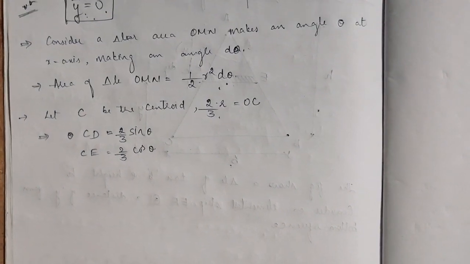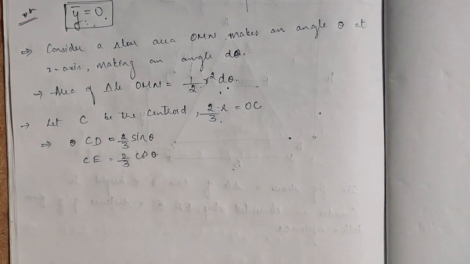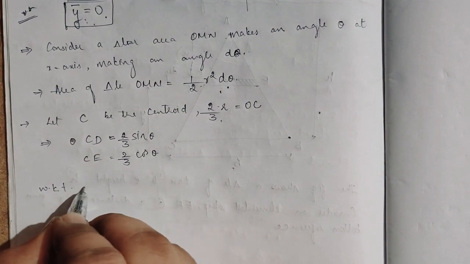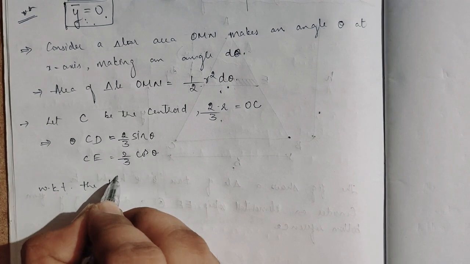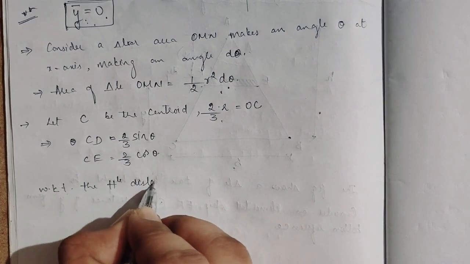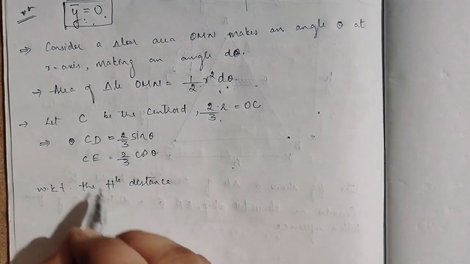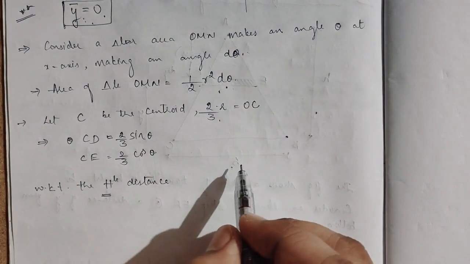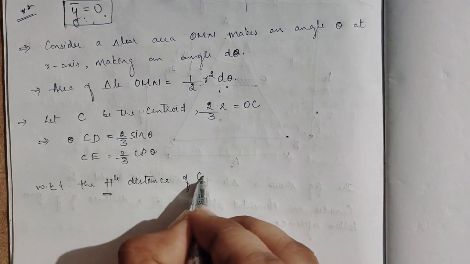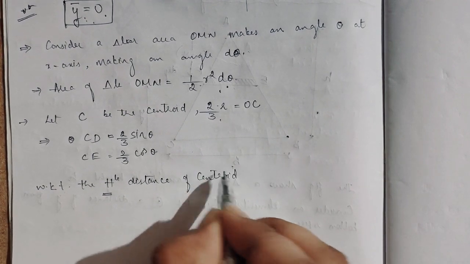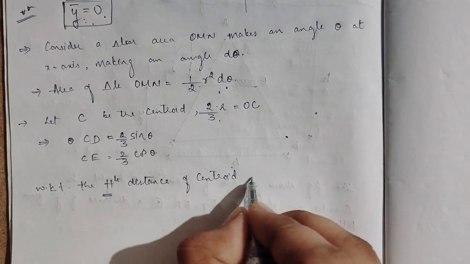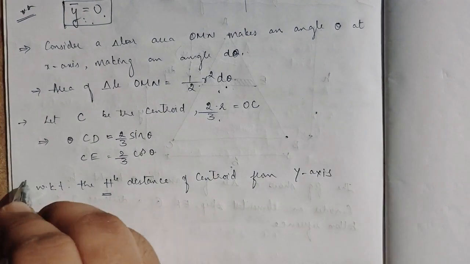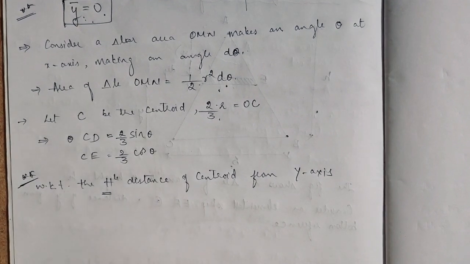Now we know that we are not taking height here, we are taking the horizontal distance of the centroid from the y-axis. Very important, this is also a key point to remember.